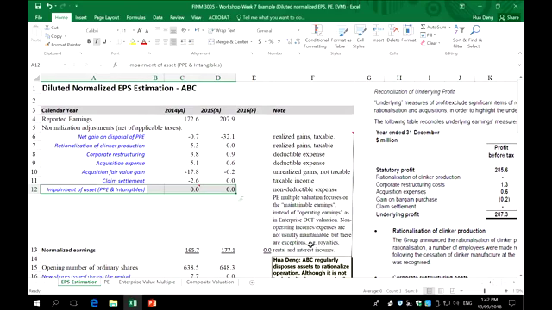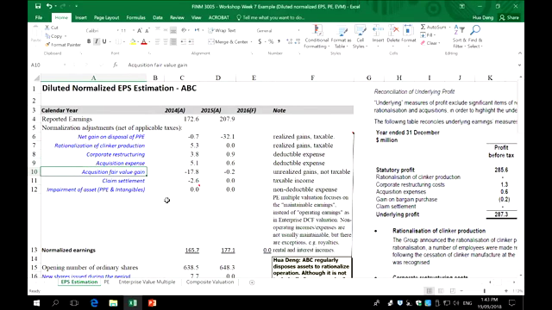Okay. Let's have a look at the complete list of the normalization. All of these are after-tax effects if it's a taxable item. So net gain on disposal of PPE, that's part of the corporate restructuring, acquisition, fair value gains.